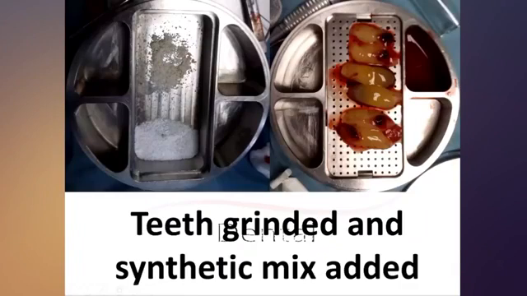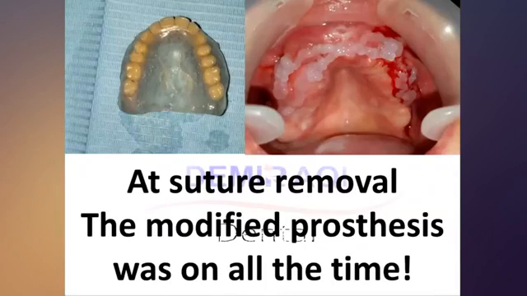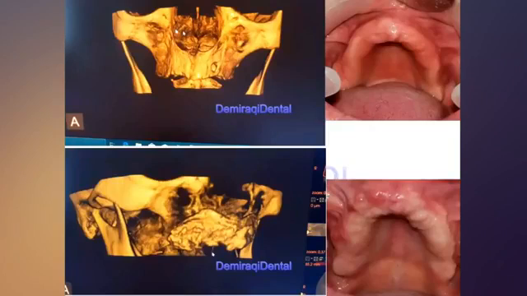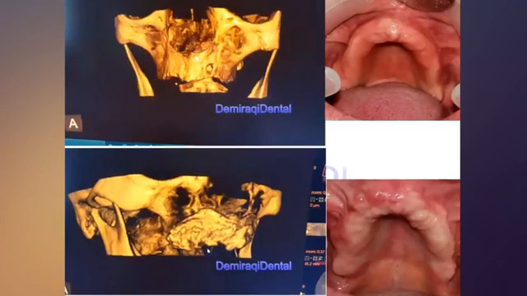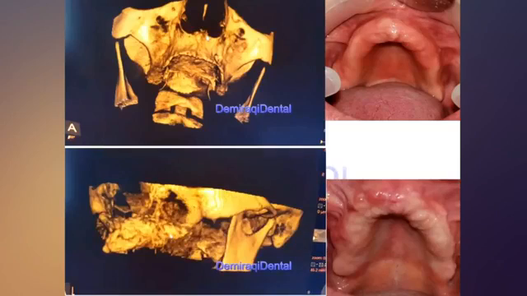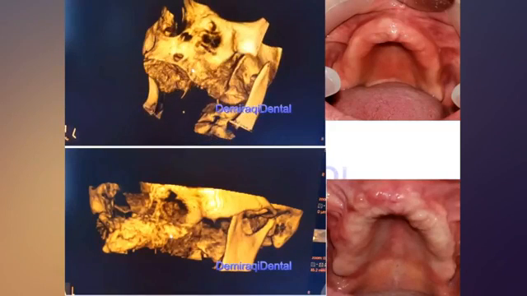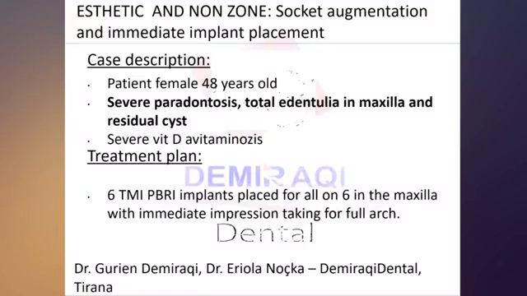The teeth were ground, sticky bone, and these are the clouds that I place over them. And this is the prosthetic solution, the old one. And this is the situation in 3 months. As you can see, this is the situation now. And now I have enough bone to place 6 implants, as you will see.